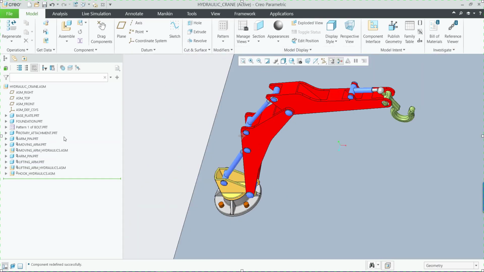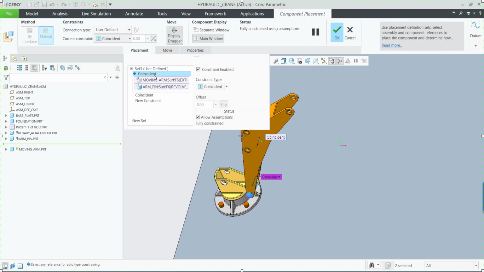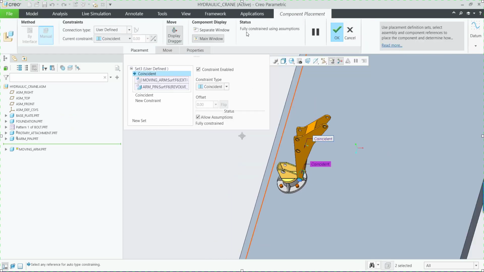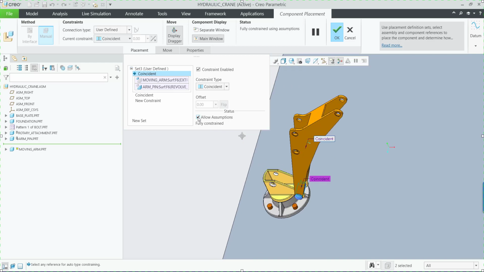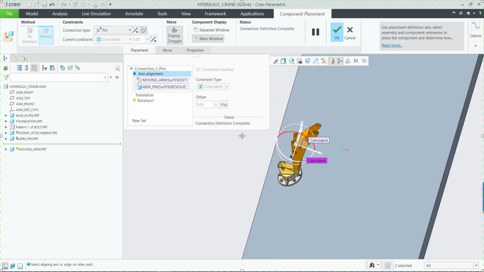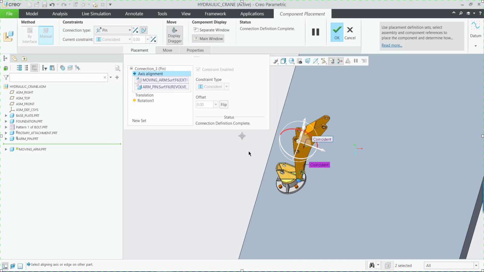Now further for the moving arm, if we look at it, it's currently fully constrained using assumptions. That's why I would disable the allow assumptions and convert this to the pin connection. For this moving arm, I will not deal with the rotation axis and the motion limits, because the moving arm will not rotate on its own.